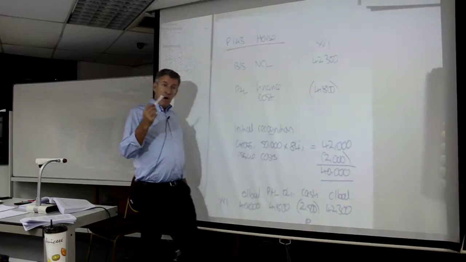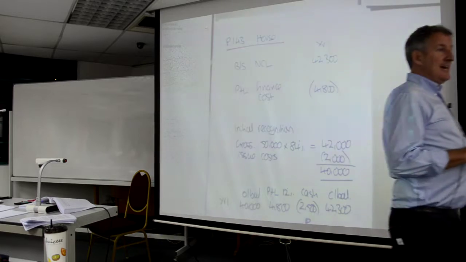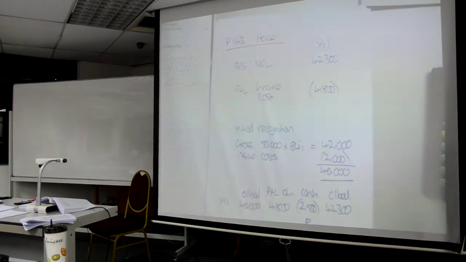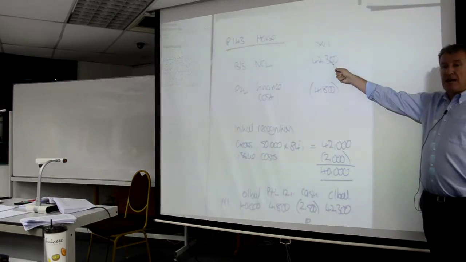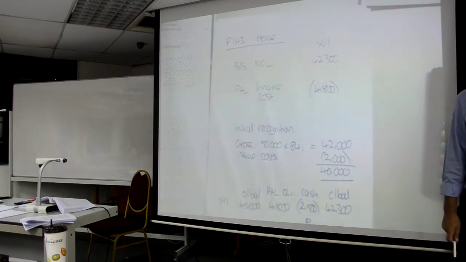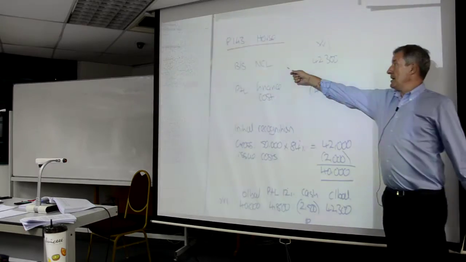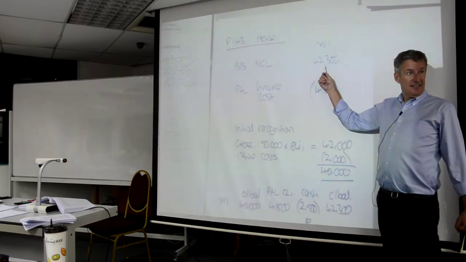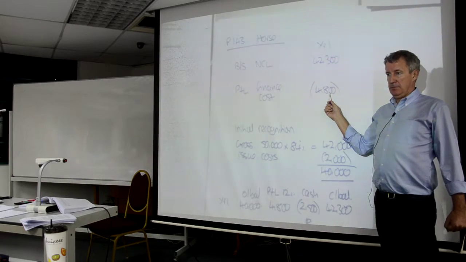If I borrow money and I account for it at amortized cost, that is my finance cost and that is my liability. If I lend money, then that becomes my asset and that becomes my finance income.